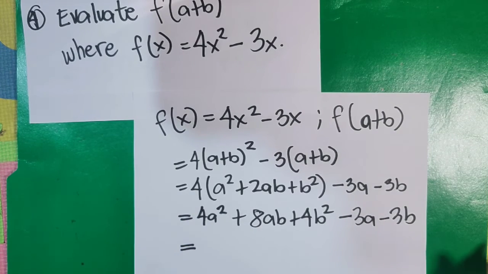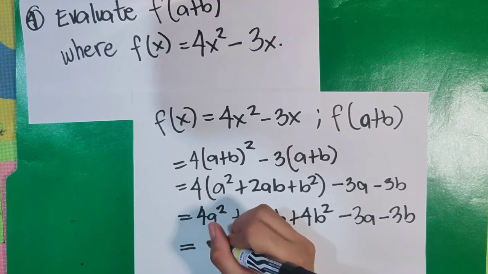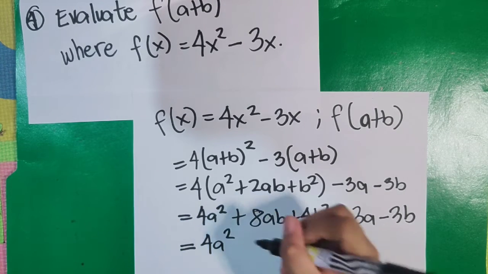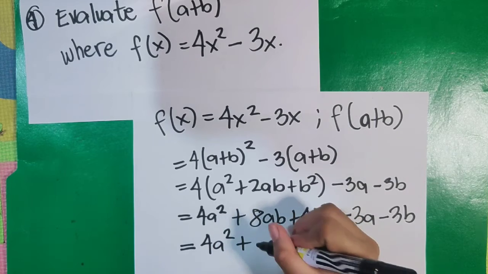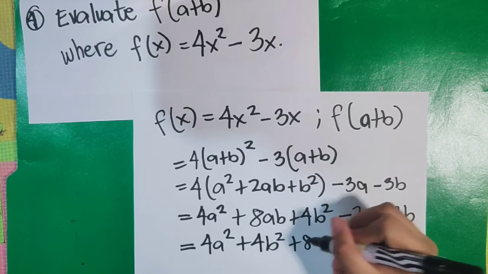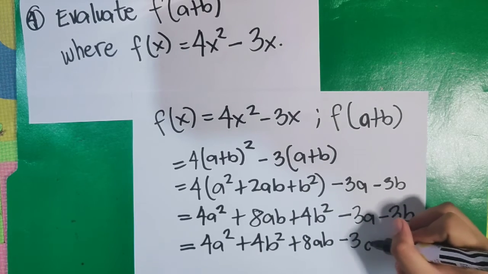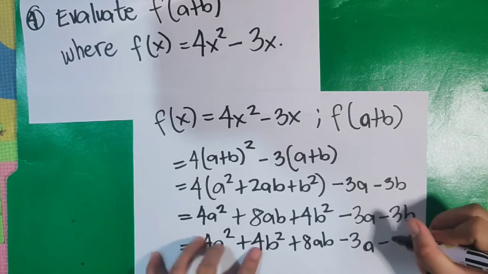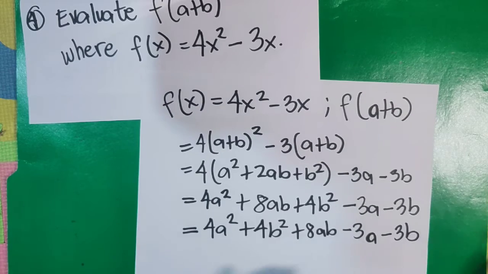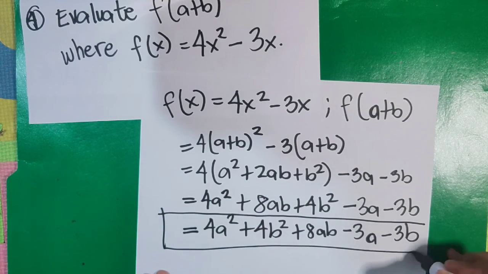Next is to arrange the whole expression according to the degree. So 4a squared plus 4b squared plus 8ab minus 3a minus 3b. Now this is our answer.